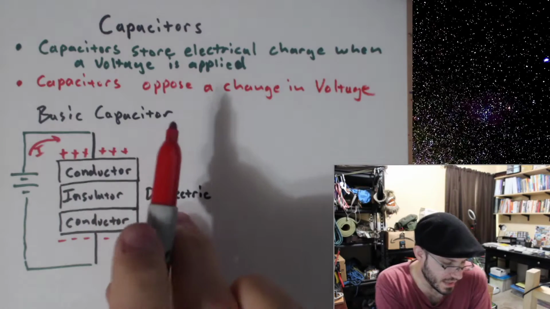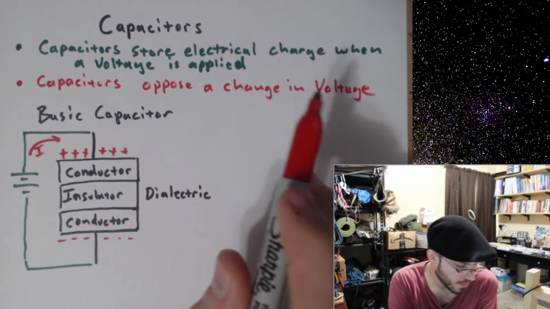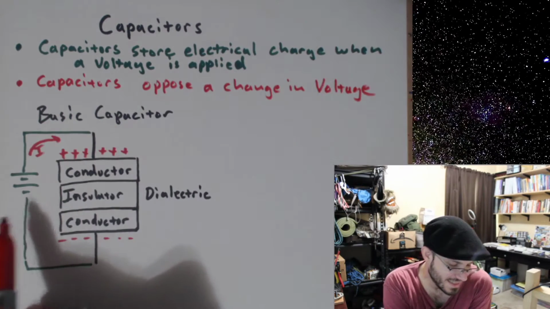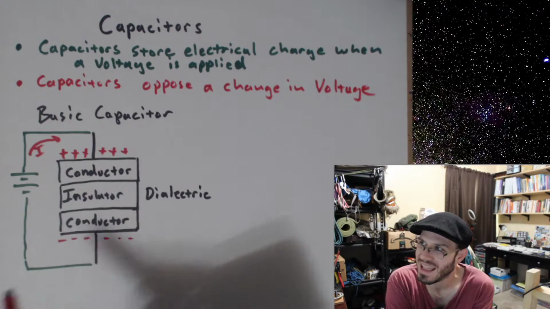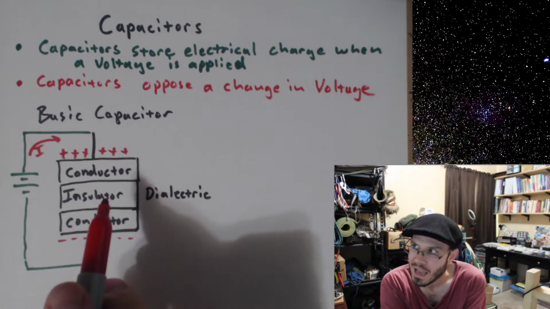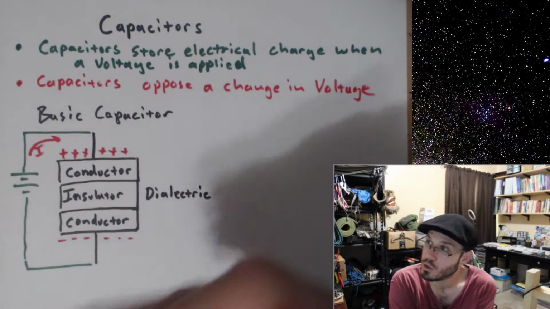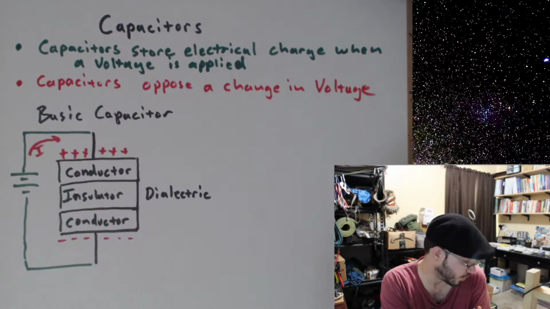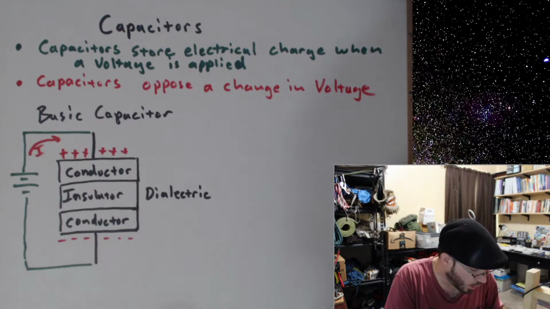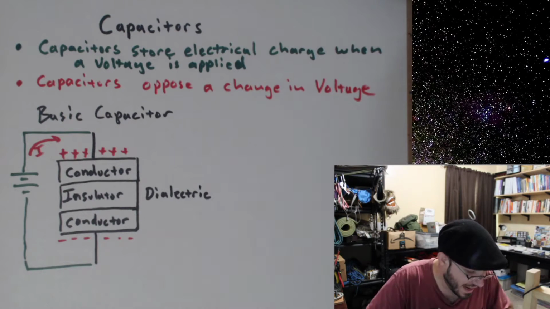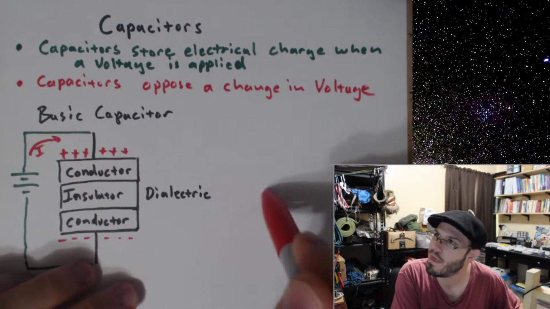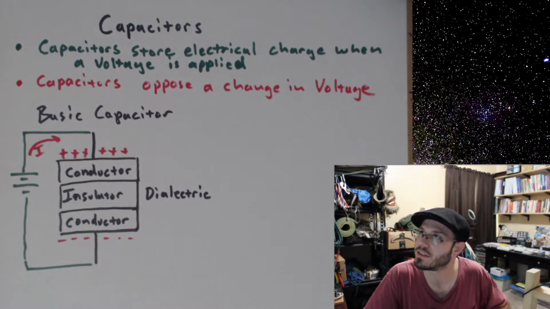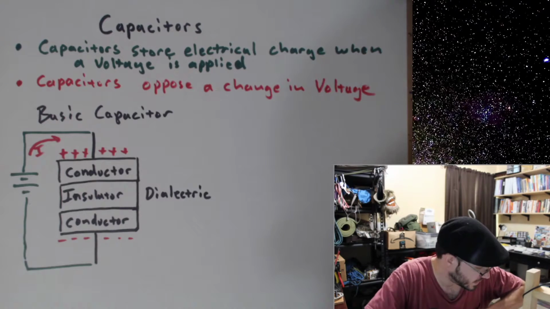And the reason I say it's going to oppose a change in voltage is because let's say we were applying some voltage to this capacitor. It's going to take some time for this capacitor to build up the voltage. So let's go ahead and talk about the schematic symbol, and then we can see about this change in voltage.